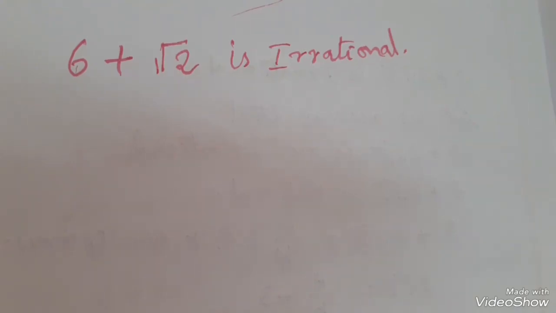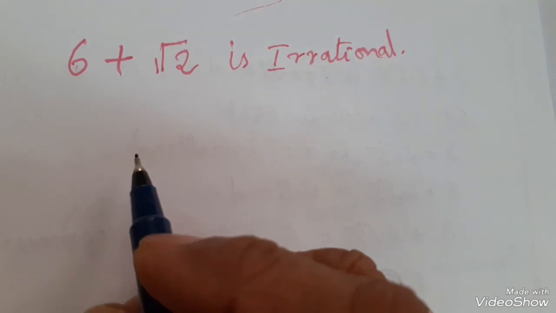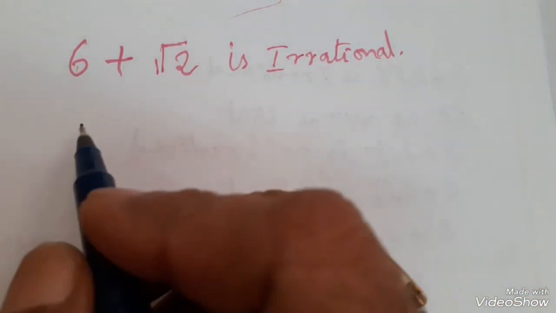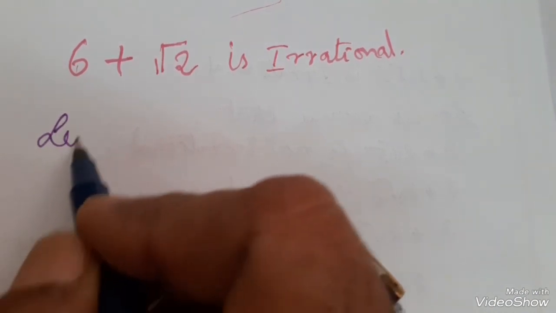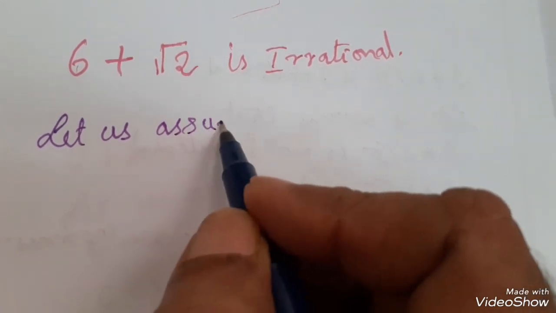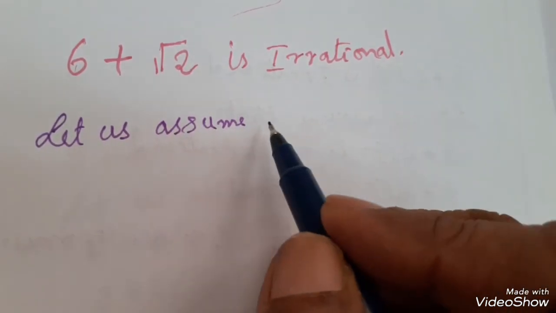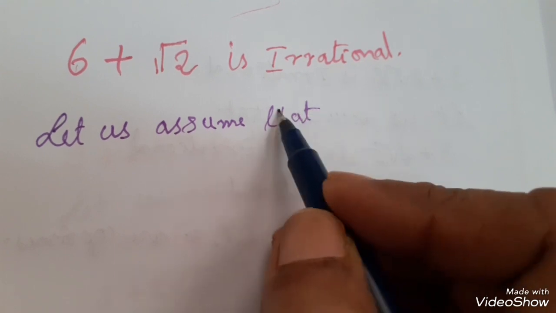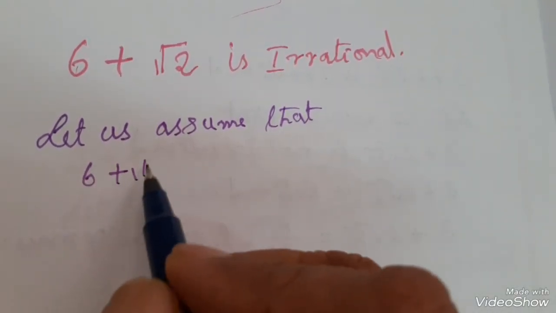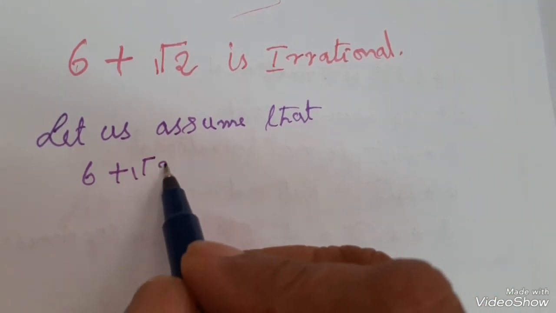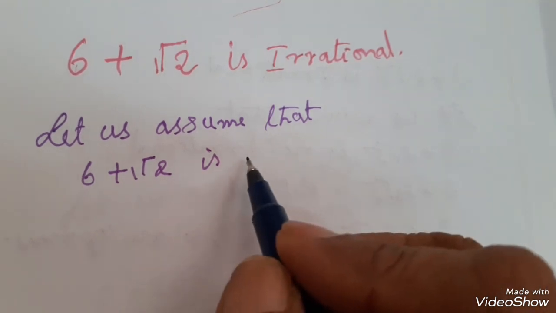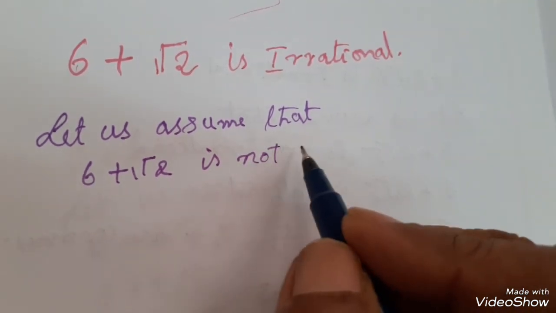Now, 6 plus root 2 is irrational. How can we say it is irrational? So here let us assume that 6 plus root 2 is not irrational.